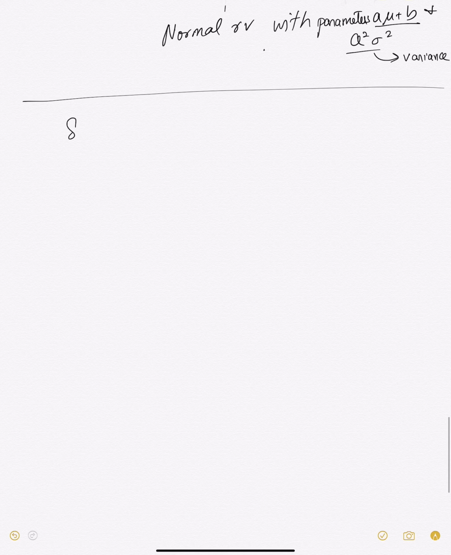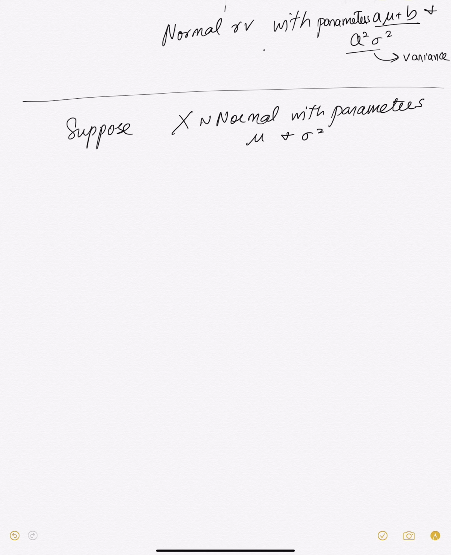So suppose that X is normal with parameters mu and sigma squared. Let's find out what the mean and variance are.